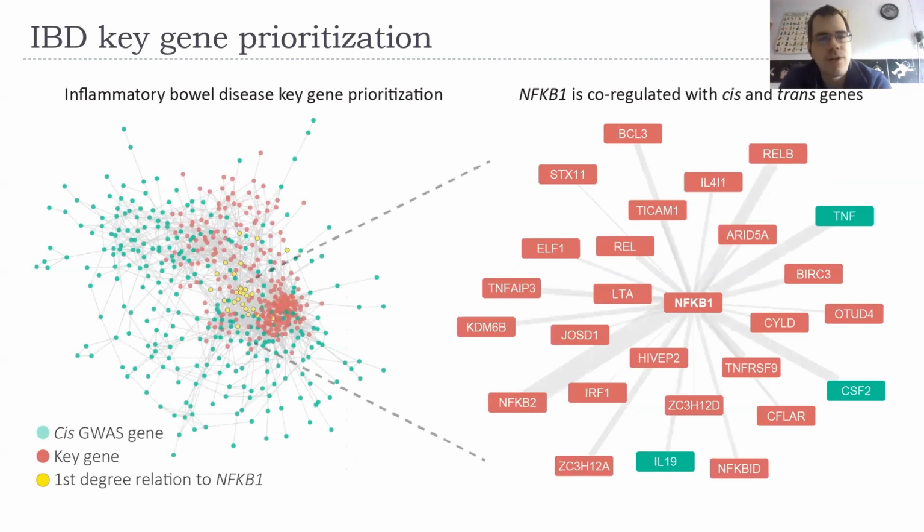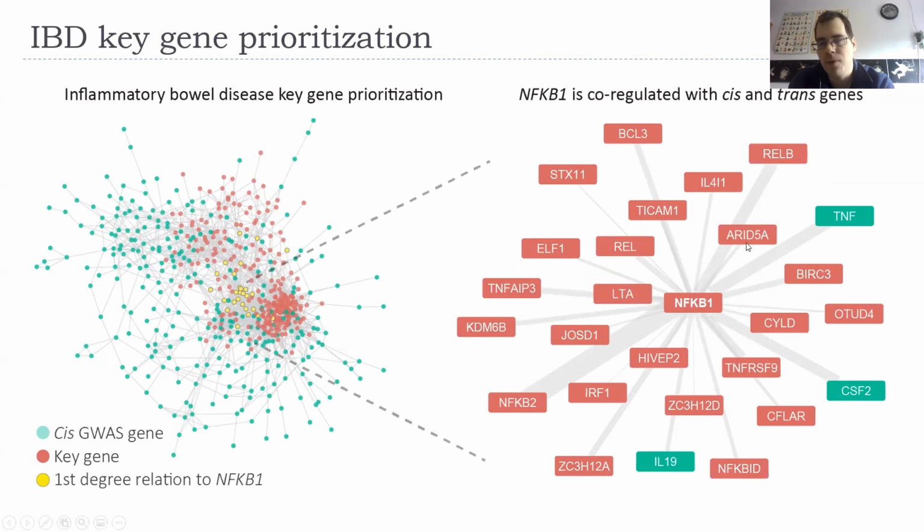And to give you a practical example of how this then looks, when we look at inflammatory bowel disease, we have all our cis genes, so basically genes within the GWAS loci, colored green here, and we have the key genes, so the genes that we predict to be important. And as you can see, we then get all kinds of connections from all these cis genes that are converging on these key genes.